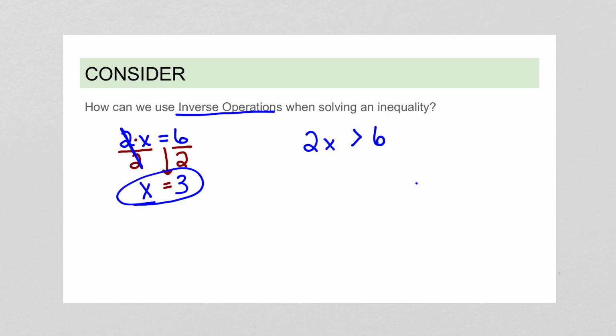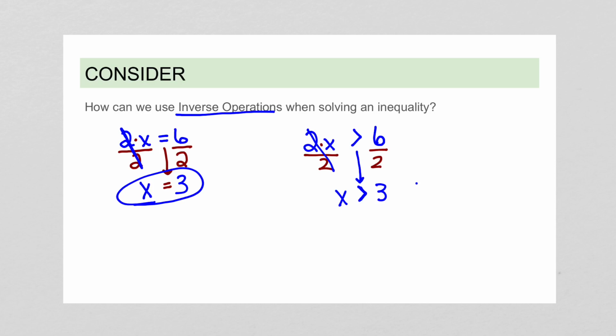So let's use the same logic. It's applied by multiplication, so let's divide. And that again gives us x over here and 3 over here. But this time, instead of carrying down an equal sign, we're going to carry down that inequality symbol. So now I'm saying x has to be greater than 3.